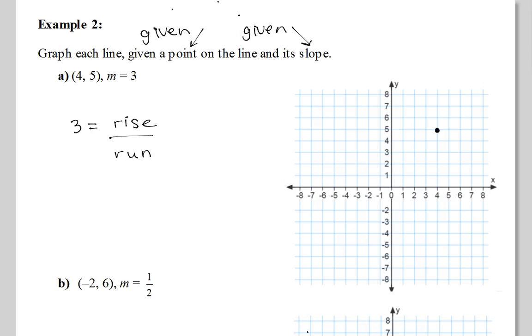It's not like this one, the half, that one's a lot easier because the run is 2 and the rise is 1. That one's easy. But what's going to happen here? I think the rise is 3, but what would be the run? Good. It's a 1. Because 3 divided by 1 is still 3.